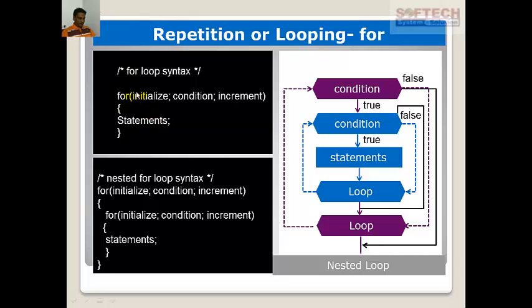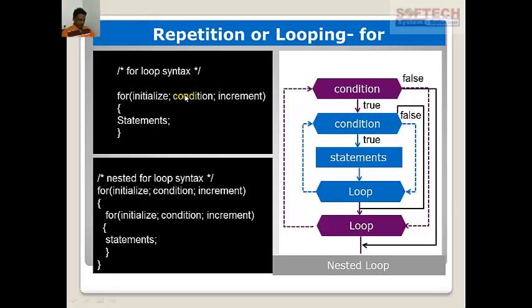First it initializes, then it checks the condition. On entering the loop, it initializes the variable, then checks the condition. If the condition is true, it executes this block, then comes to the increment or decrement, as per our requirement. It increments, then checks the condition.